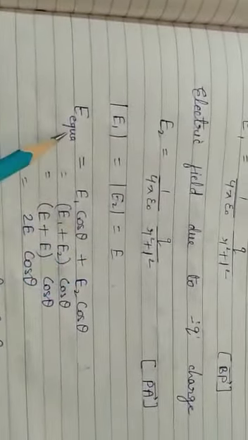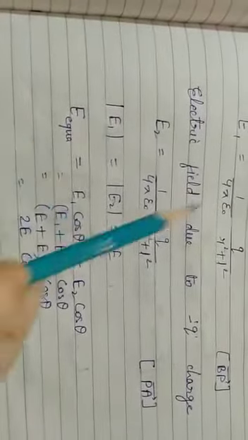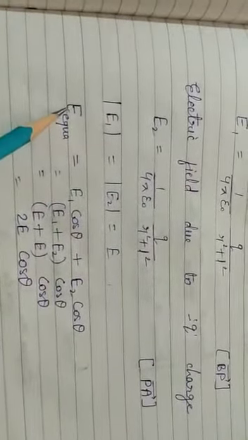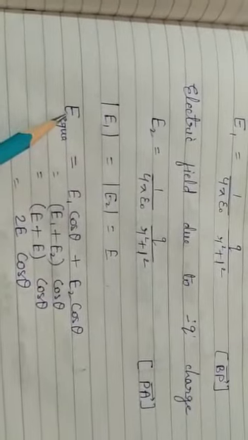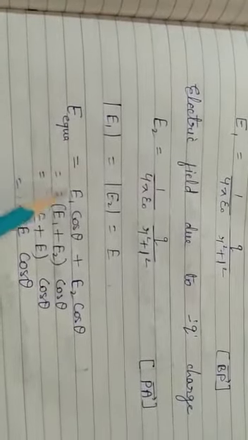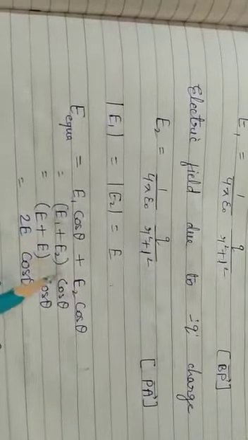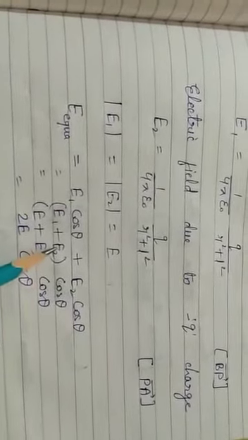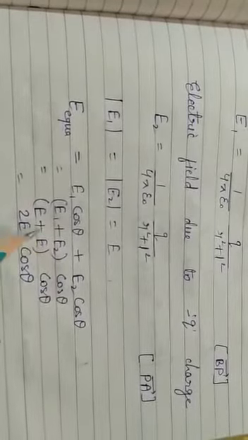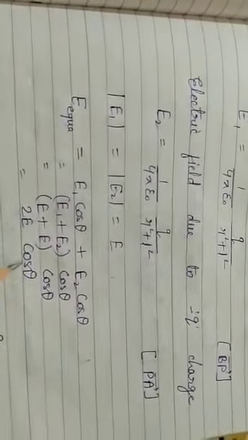Okay, and from the diagram we have already understood that the total resultant electric field at an equatorial position is E1 cos theta plus E2 cos theta, or we can write E1 plus E2 cos theta. E1 and E2 both are E, so E plus E cos theta, or 2E cos theta.